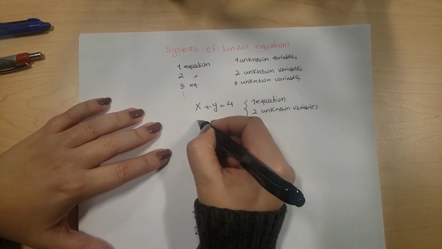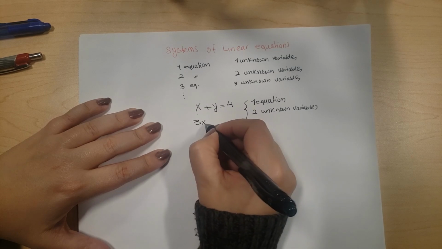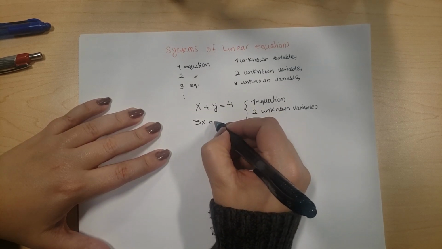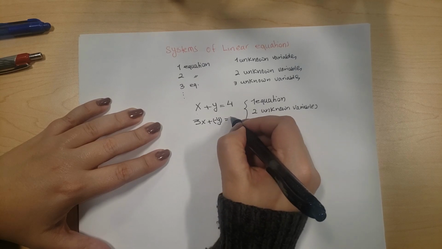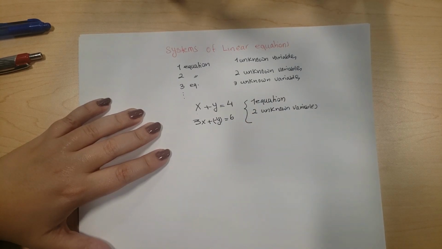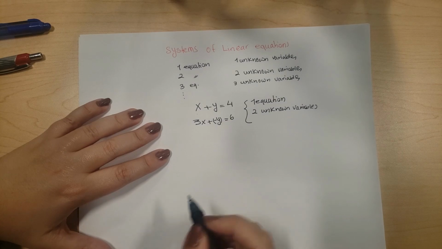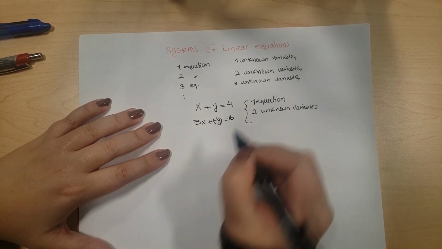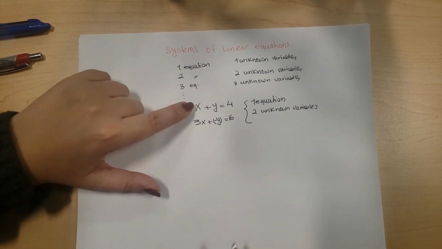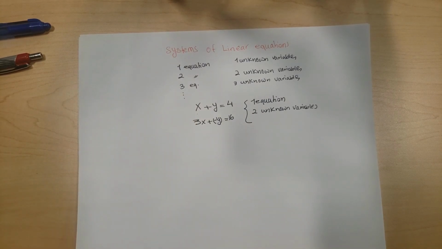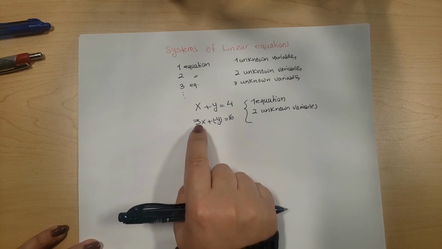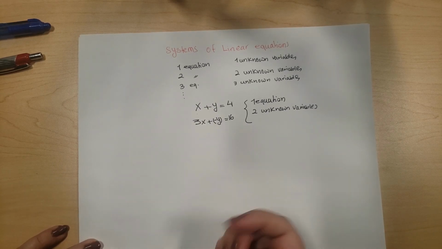Okay, so let's see here. I would say 3x plus negative y equals 16, this is my second equation. So here, this is equation number 1, equation number 2. I have two equations and two unknown variables.